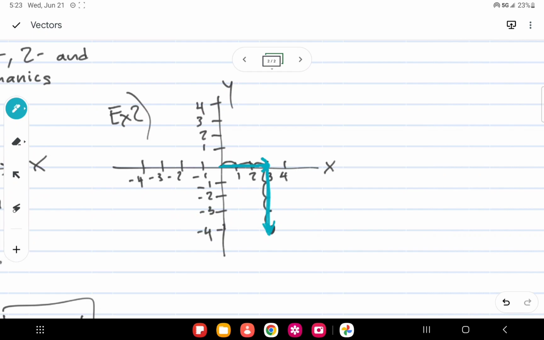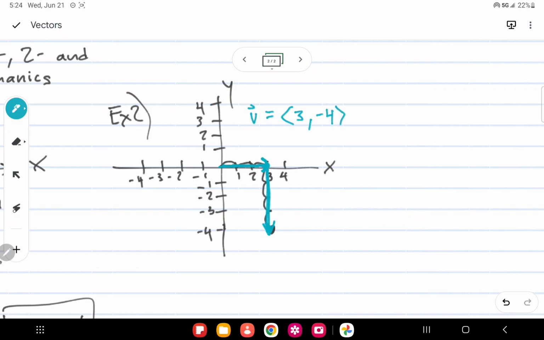So now, assume that vector is given as vector v, which is equal to: you went 3 on the x-axis and 4 towards the negative of the y-axis.